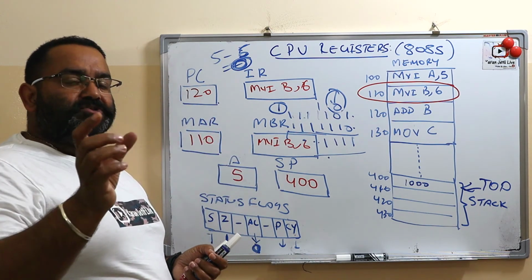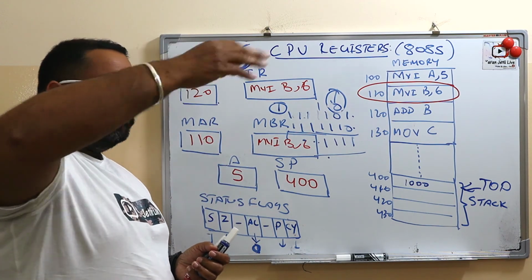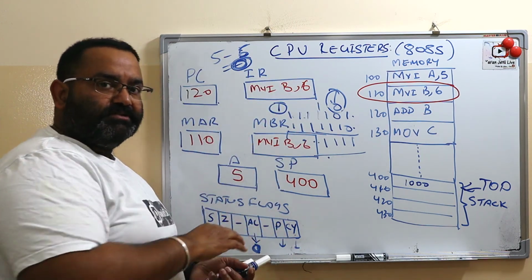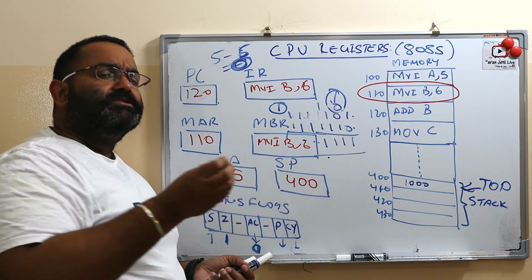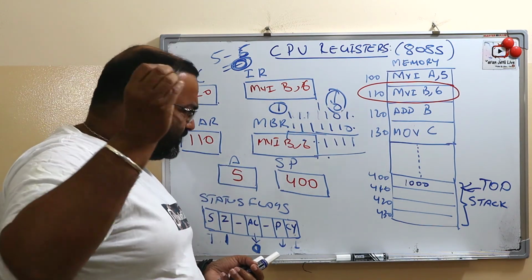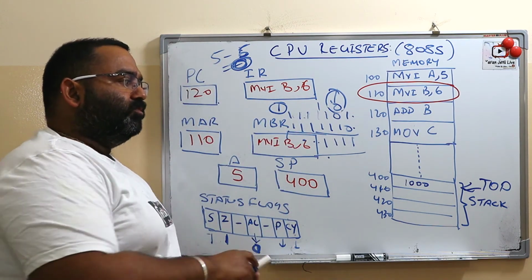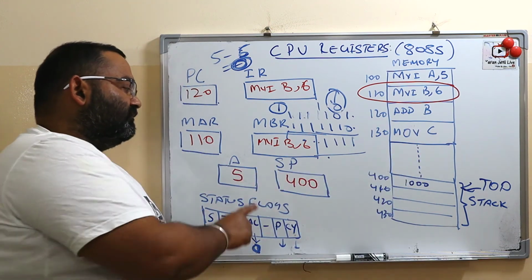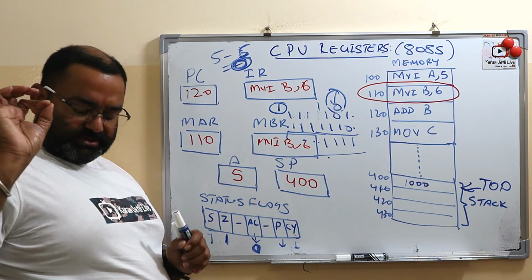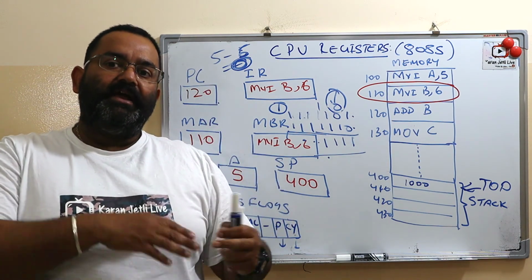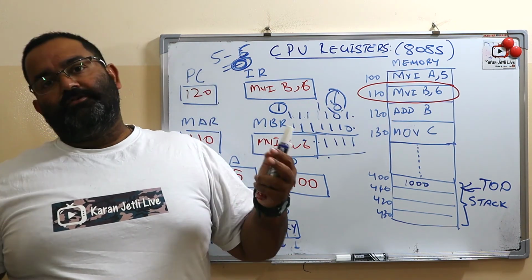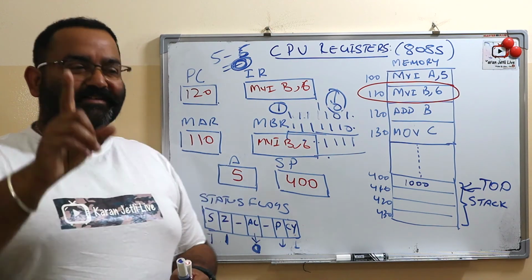MBR is the temporary storage of data, any data which comes from the memory to the register and which goes from the register to the memory stored here first for some period of time. We have stack pointer, points to the top of the stack. We have accumulator which is used as a source of one operand, and after the arithmetic operation it is also used as destination of the result.